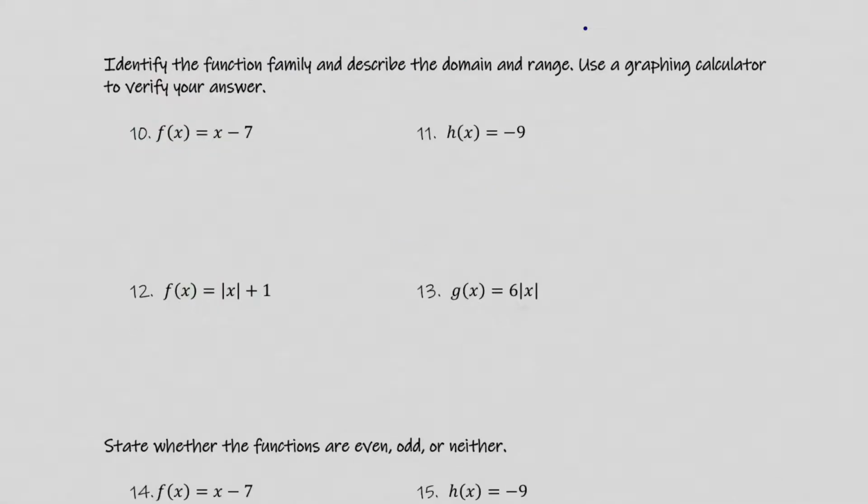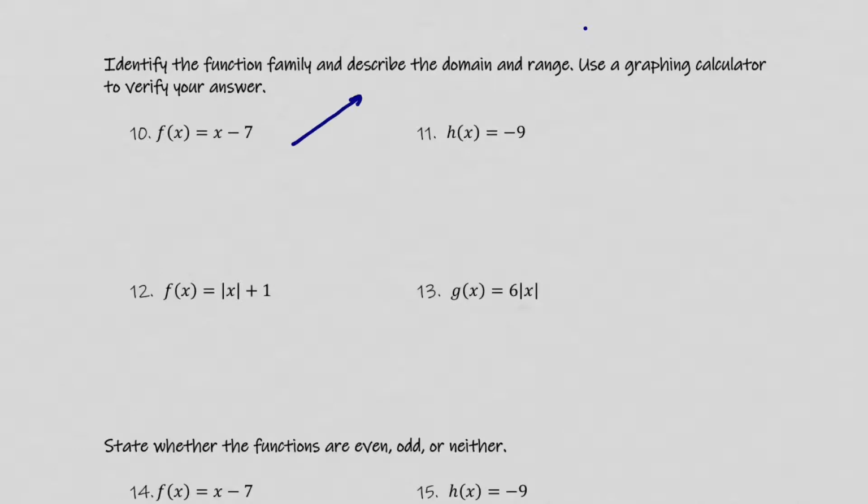So when we go to problems number 10, 11, 12, and 13 in our notes, this says identify the function family and describe the domain and range. You can graph it on your calculator to determine if you're correct. We know number 10, this is basically in the form y equals mx plus b, right? So this is linear.